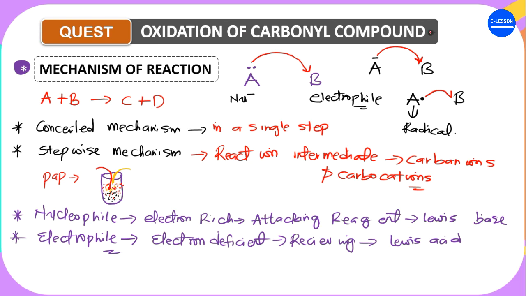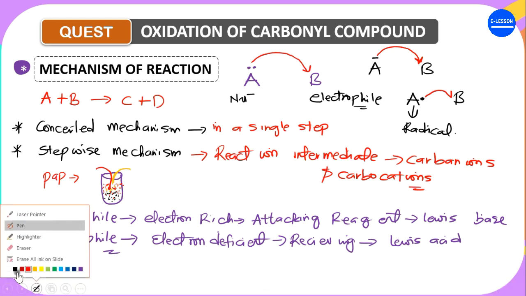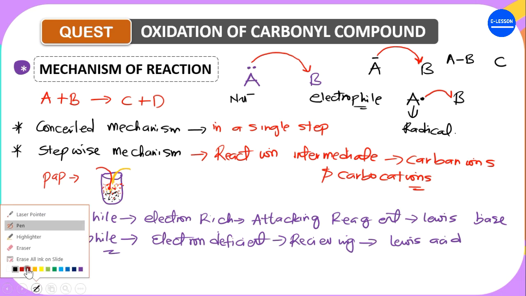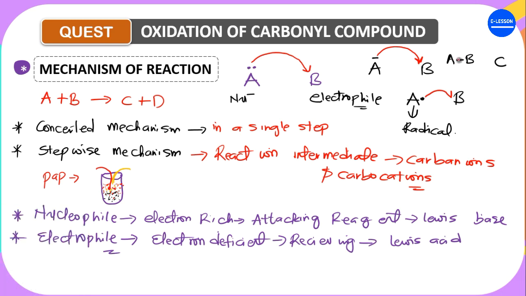Now, bonds can also be moved. For instance, if I have A bonded to B and then this is C here, I want to move the bond between A and B to C. Let me write it with the right color. Black is for writing, so let's say A and B, they have electrons, and I want to move this to C. Now recall that this bond here means two electrons.